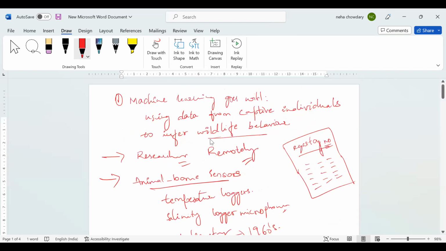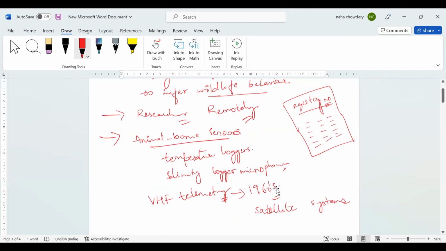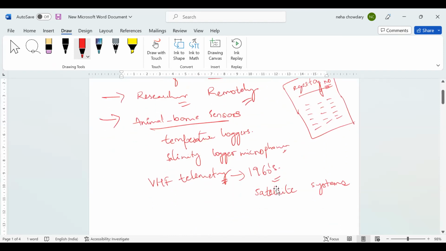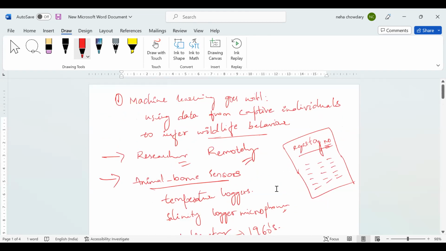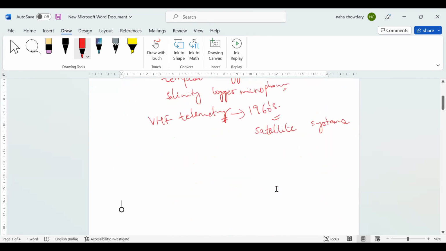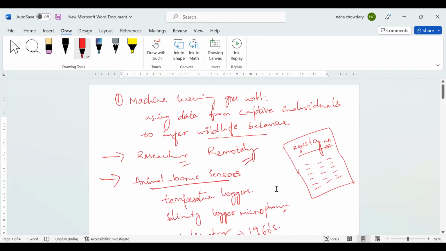So this is how the researchers have used machine learning with airborne sensors, temperature loggers, salinity loggers, and microphones to track the data about the wild and captive individuals and compare the data alongside.